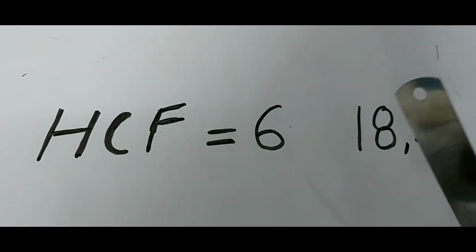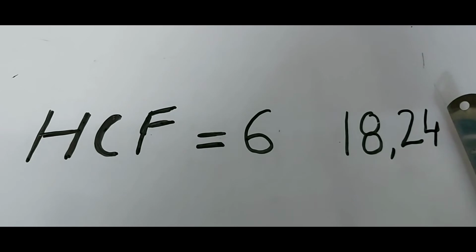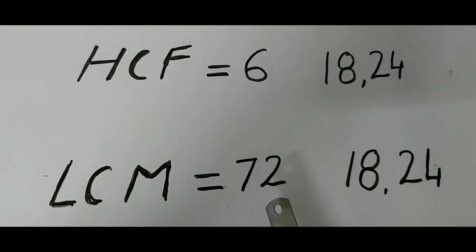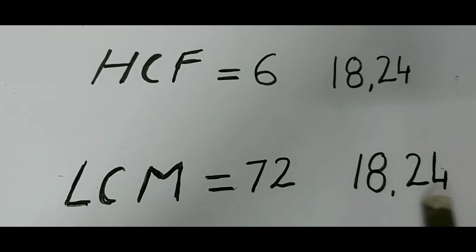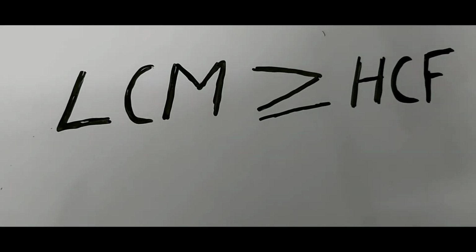Please note that HCF is factor of both the given numbers, whereas LCM is multiple of both the given numbers. That is the reason why LCM is always greater than or equal to HCF.